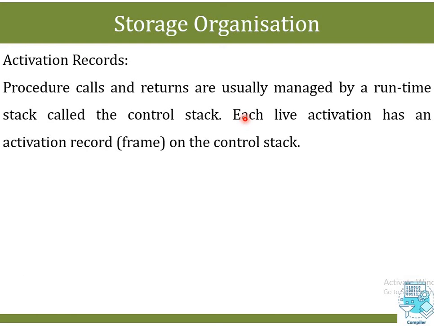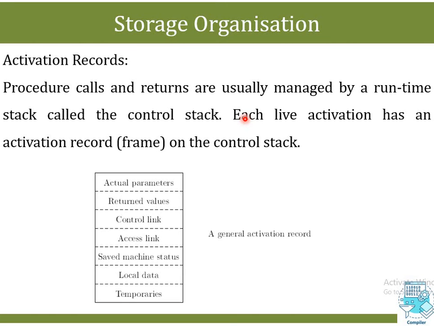The next one is the activation record. Procedure calls and returns are usually managed by a runtime stack called the control stack, and during each activation an activation record will be created and placed in the control stack. So what information will we be recording in the activation record?